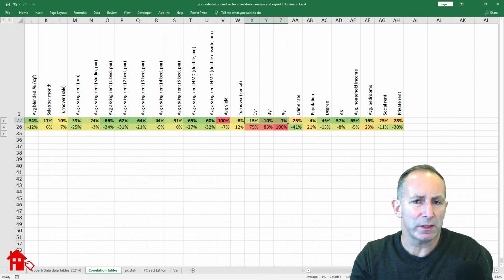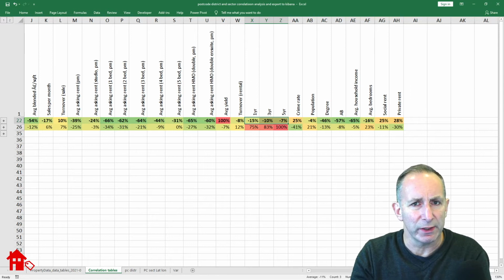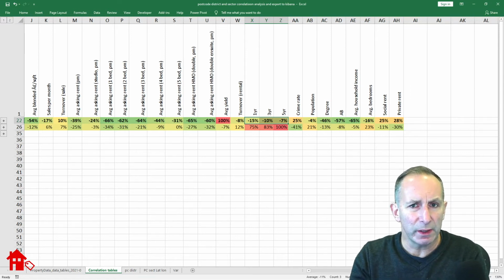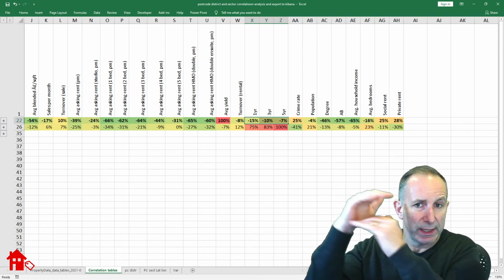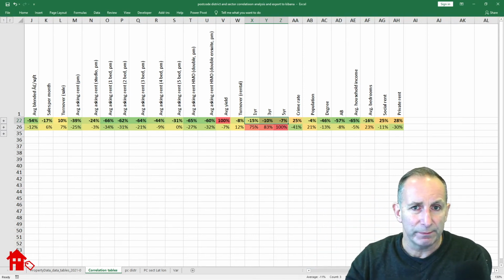But what it means is you can find those special areas with great growth, reasonably low price properties, and yields basically staying in line with growth over time, which is a beautiful thing for an investor.